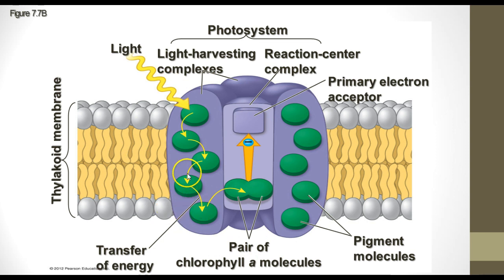We have the light harvesting complexes made of these pigment molecules, and then we've got a pair of chlorophyll A molecules here in the center that send electrons up to this reaction center complex, which is the primary electron acceptor. And then the electrons are going to be passed from one molecule to the next, sort of like we saw in cellular respiration, in order to power some other processes to make energy.